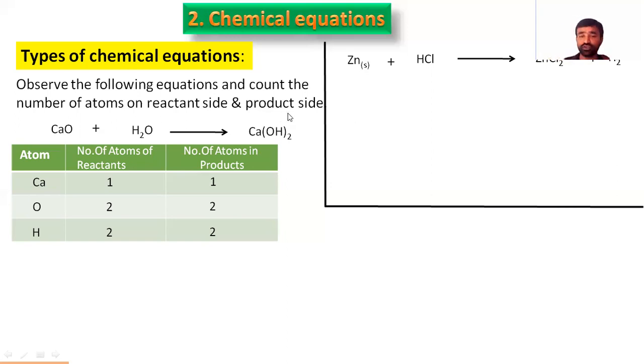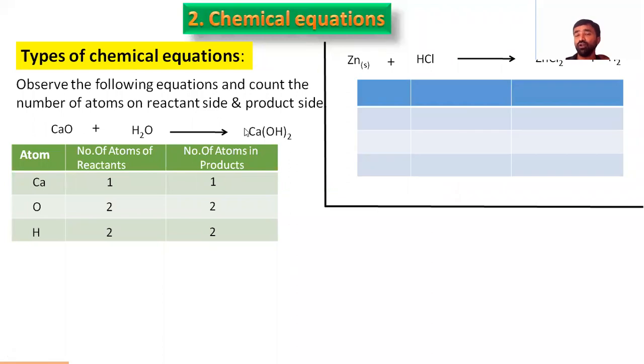So in this equation, we are counting the individual atoms. Make a table as you require, number of columns and number of rows. Then the headings are the same: atom, reactant side and product side. Then note down individual atoms by observing the equation. On the left side zinc is there, so I can write zinc. Left side hydrogen is there, I can write hydrogen.